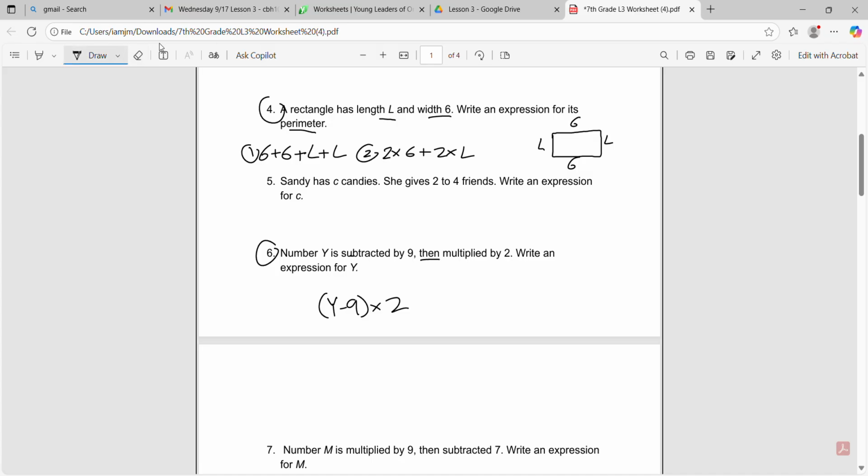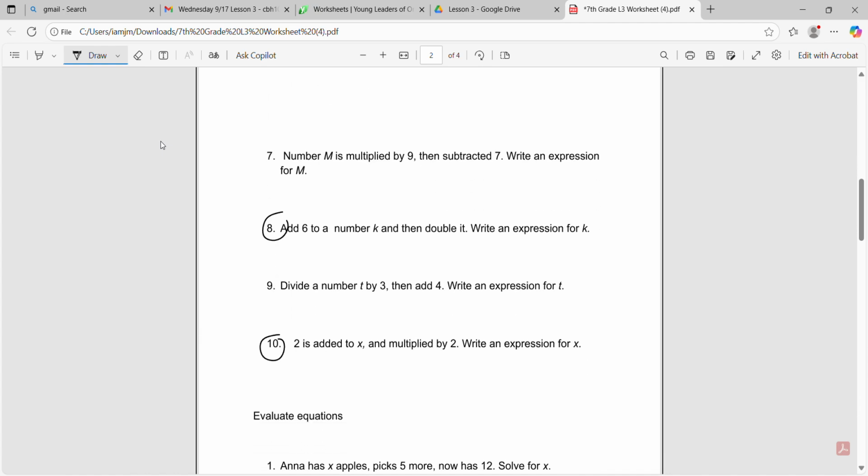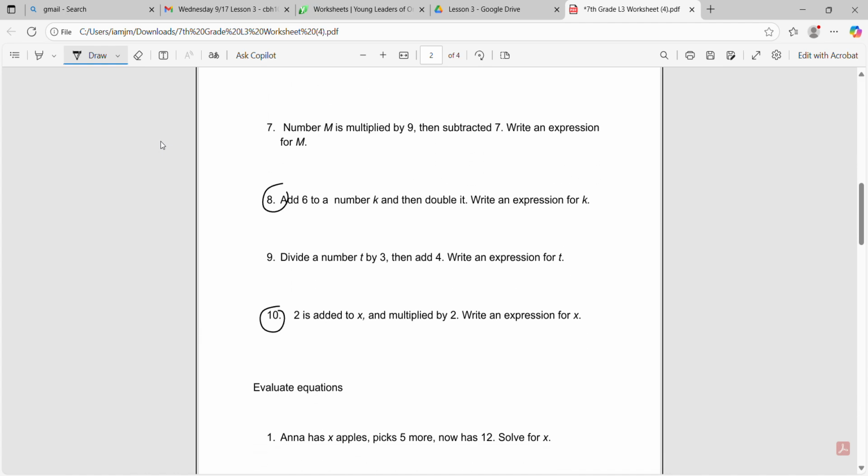Let's move on to our next questions. Number 8 and 9. So number 8. Add 6 to a number k, then double it. Doubling is multiplying by 2. So again with the then, that's also saying that after we get the answer for this first part, we'll multiply it by 2.